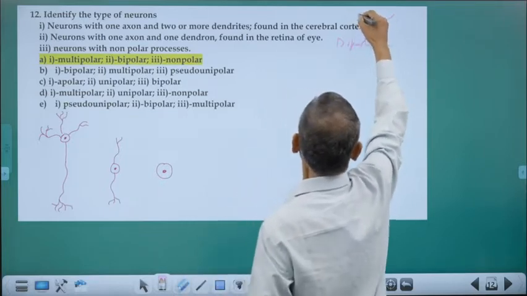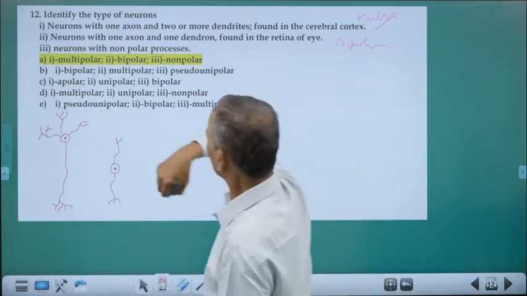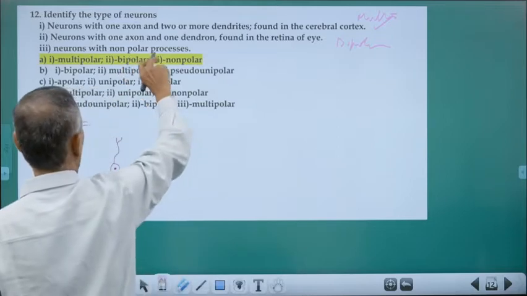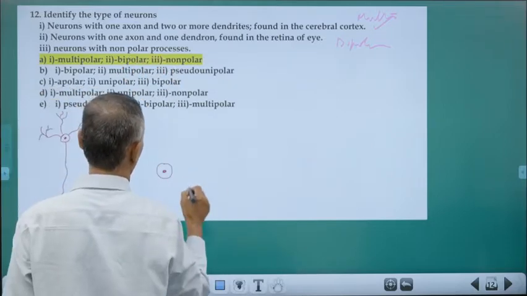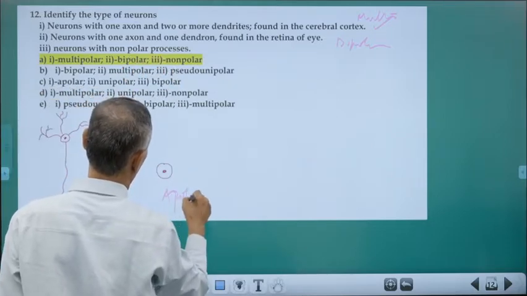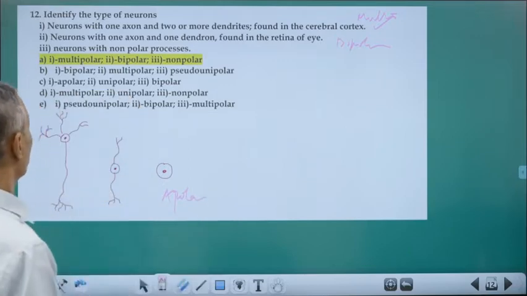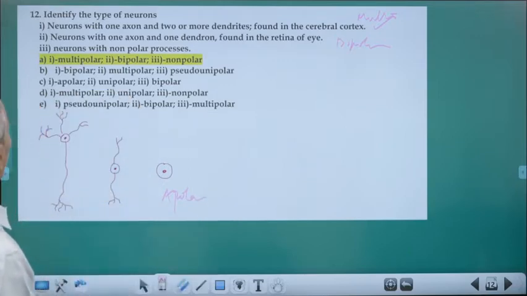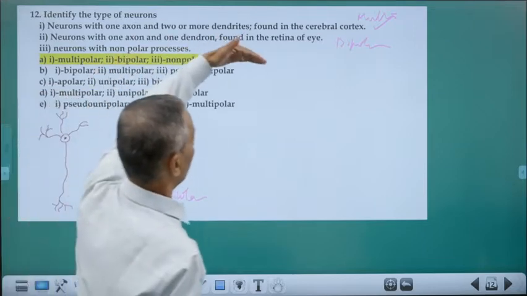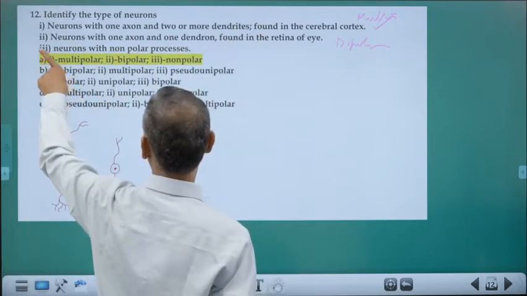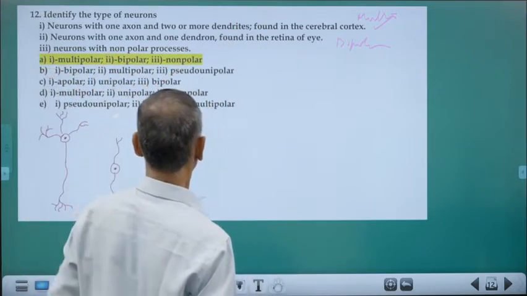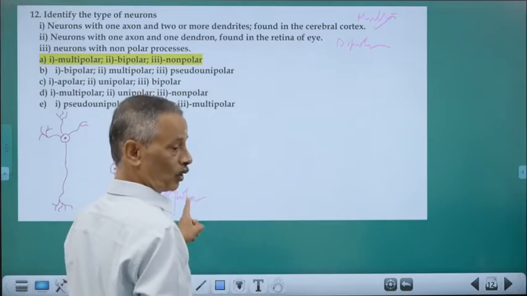Neurons with no polar process are apolar. It is seen only in embryonal cells. So, what is the order? Multipolar, bipolar, non-polar, also called apolar.